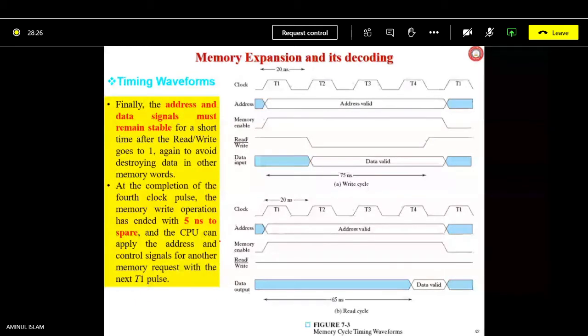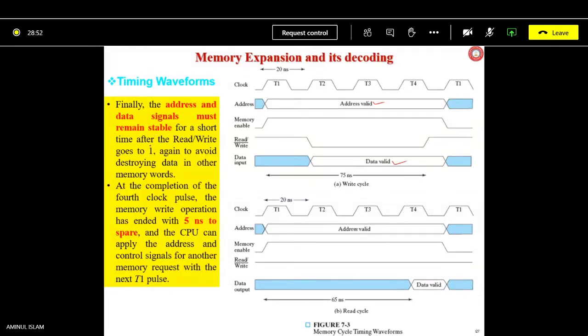Finally, the address and data signals must remain stable. Address as well as data signals will be stable for a long time. For a short time after the read-write goes high, the address and data signals must remain stable.